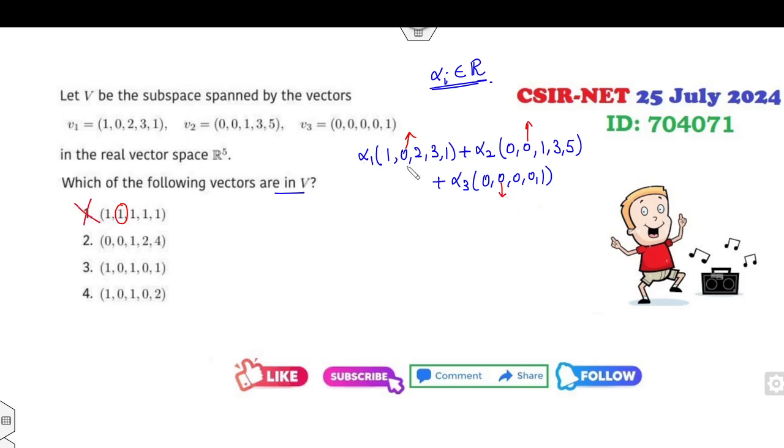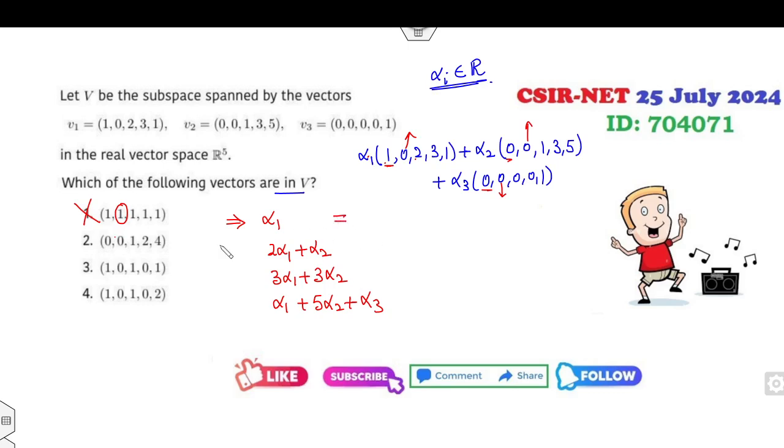Fine. Now, can you write the equation? So if it is the second one, alpha 1, 2 times alpha 1 plus alpha 2, 3 times alpha 1, 3 times alpha 2, and alpha 1 plus 5 alpha 2 plus alpha 3. That is first component, second component, third component, fourth component.